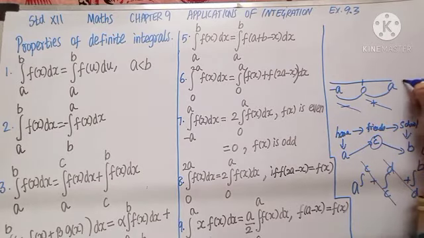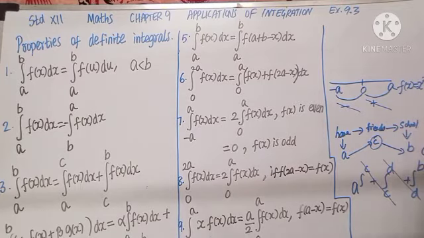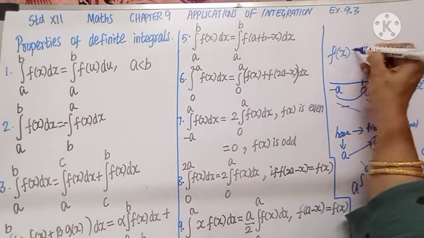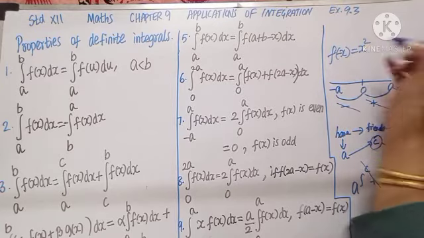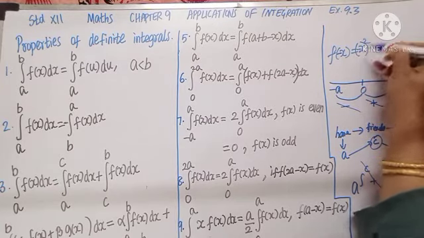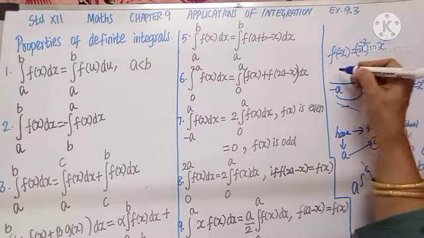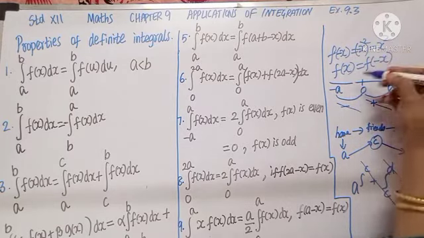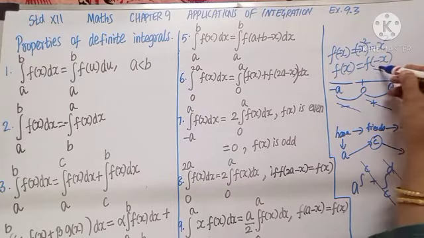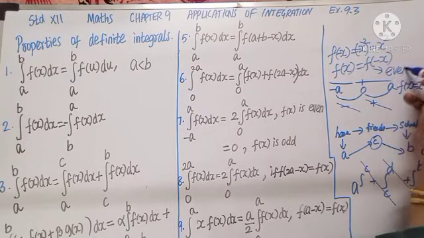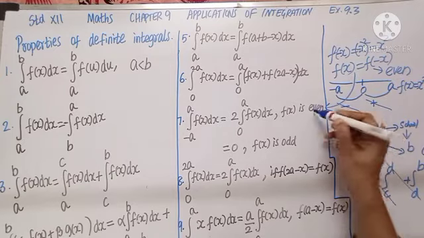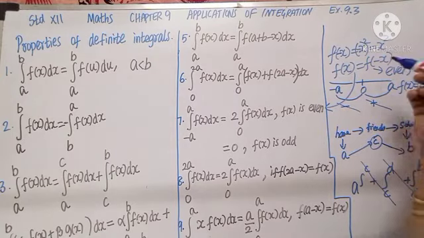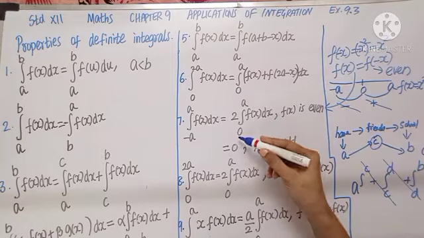See, if I say f of x is x square, it tells me even if I put minus x, my answer is x square only. So whenever f of x is f of minus x, I will declare it an even function, and the condition is here. Whenever it is even, I can rewrite it as twice 0 to a.